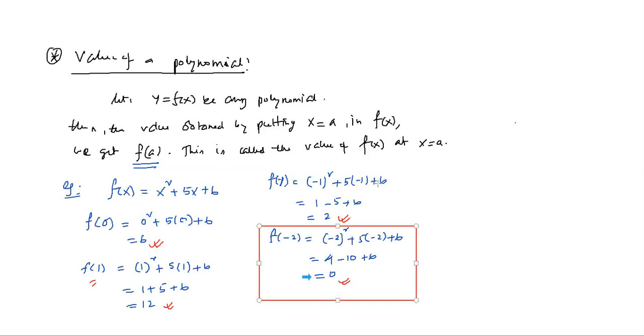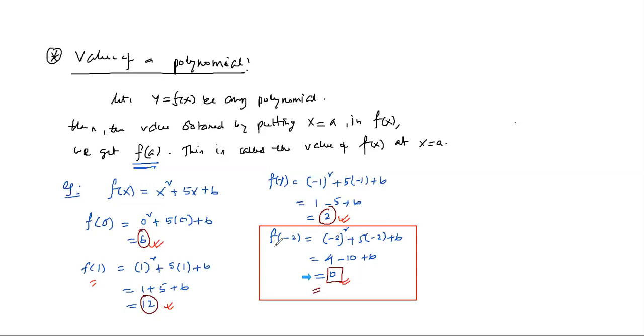This is the value which we are more interested in. So here what we observe is that the value of the polynomial at minus 2 is coming out to be 0. Others are non-zero quantities. So because it is becoming 0, we have a special interest for that.